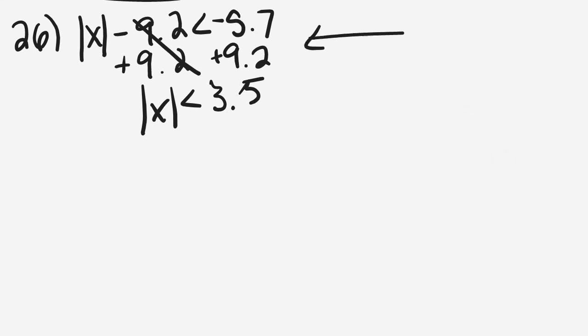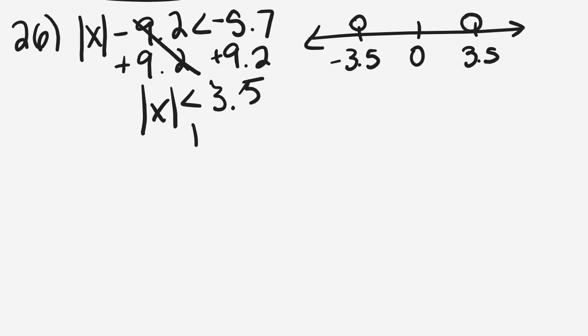All right. So we have 0, we have 3.5, and we have negative 3.5. They are open circles, and we want the distance to be more than 3.5. So it's going to be over here and over here. And ladies and gentlemen, that is an OR statement.